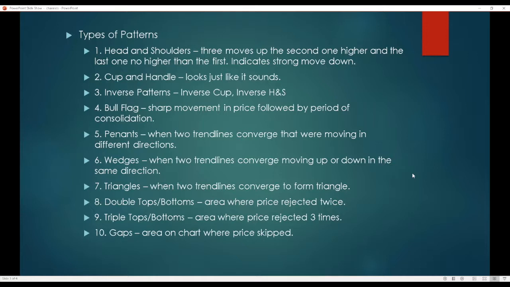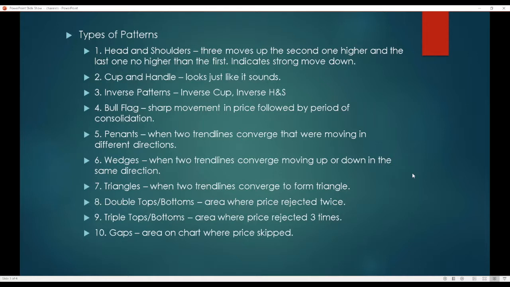As I mentioned before, there's a bull flag and bear flag. It's sharp movement in price followed by a period of consolidation. We have pennants, and that's when 2 trend lines that are moving in opposite directions converge, and we say a break of either side of that trend line, and we have direction.